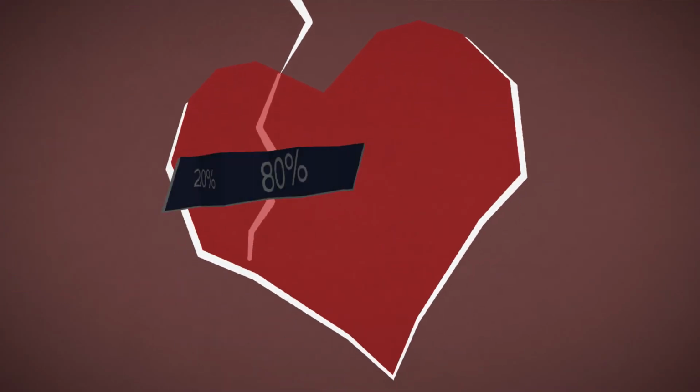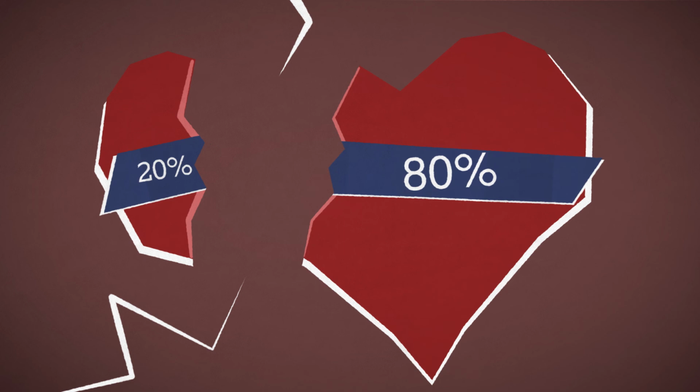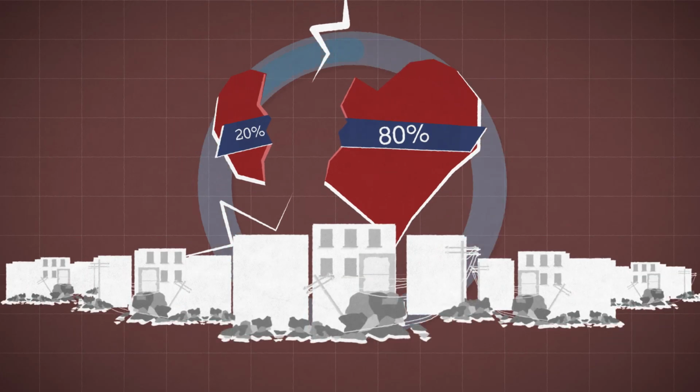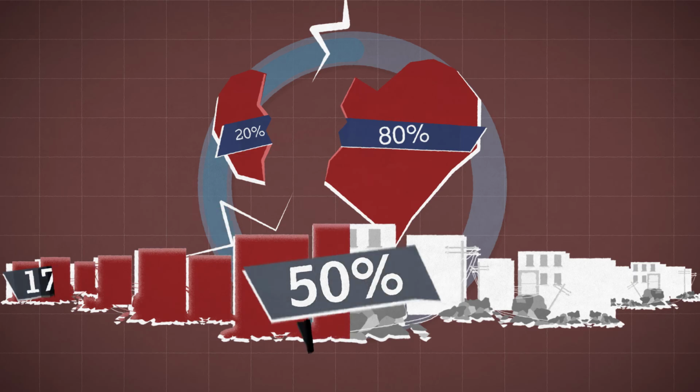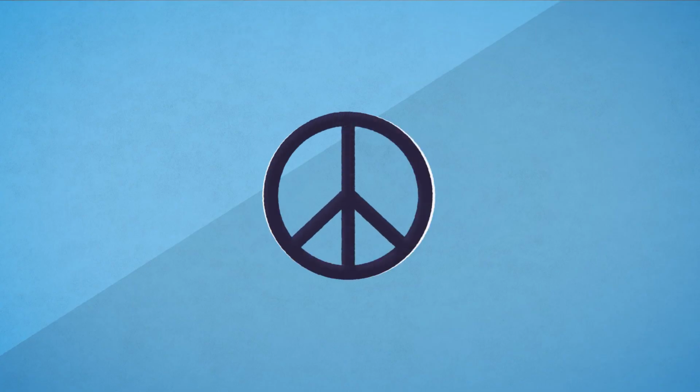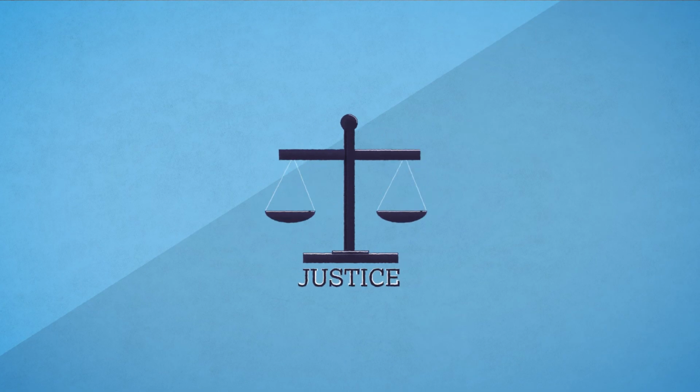Around the world, conflict drives around 80% of all humanitarian needs, and the share of extreme poor living in areas affected by conflict is projected to rise from 17% to almost 50% by 2030. This means that the struggle for peace and justice poses significant challenges for sustainable global development.